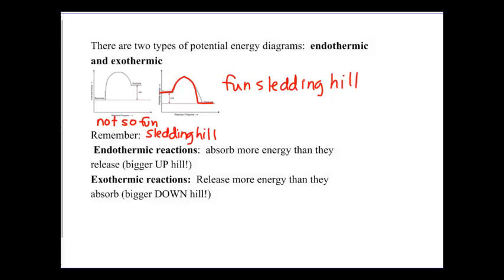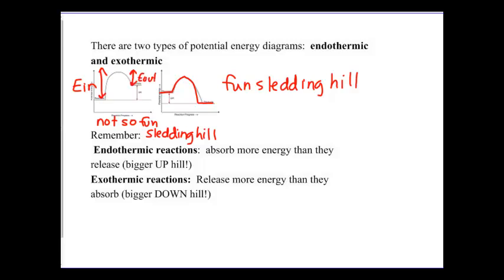Now, the part you have to walk up is the energy you have to put in, and the part over here that you sled down, that's the energy coming out. And so in this example, you would have to put all this energy in, and you'd only get this little bit of energy coming out.